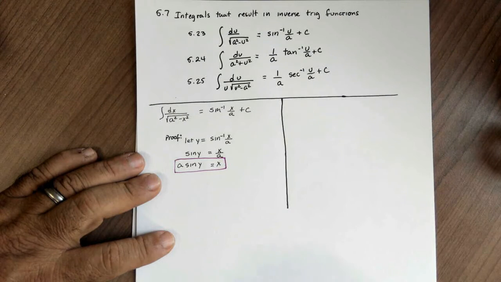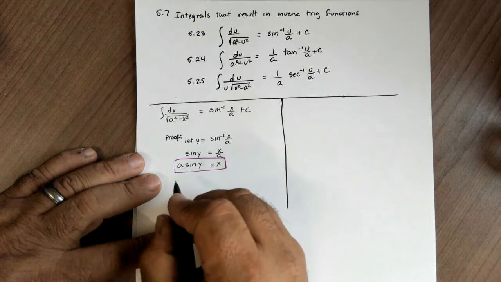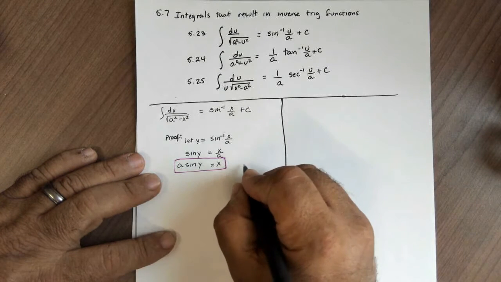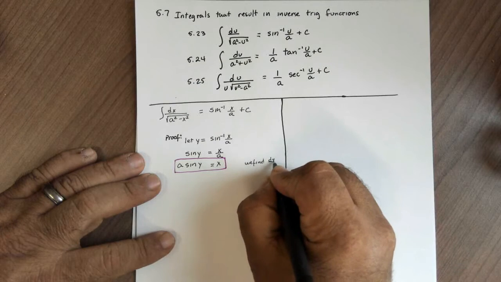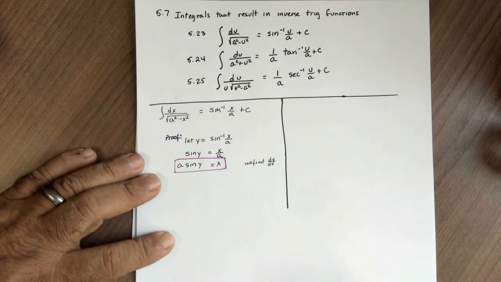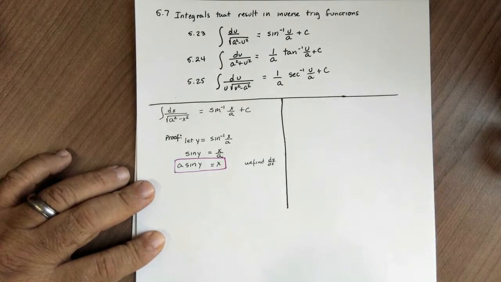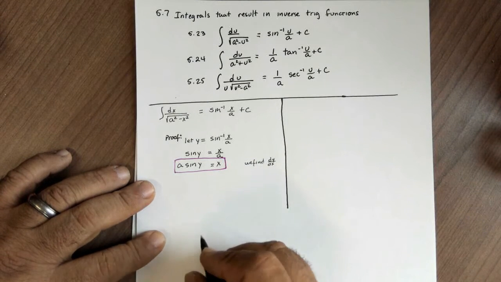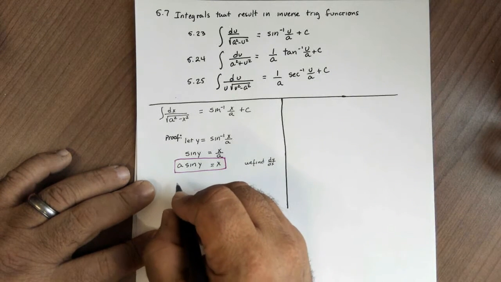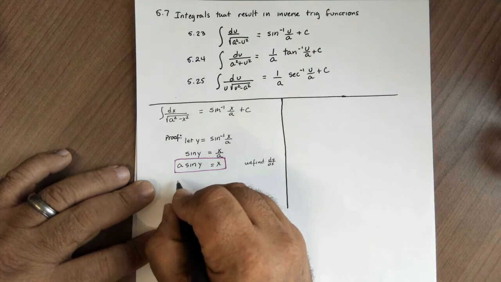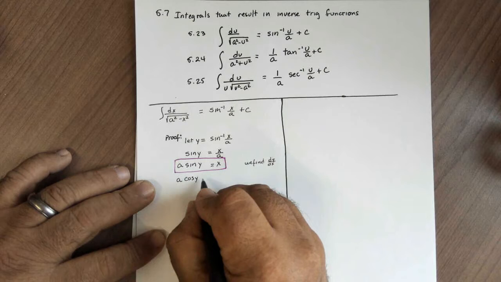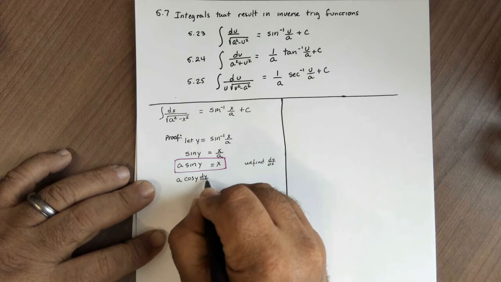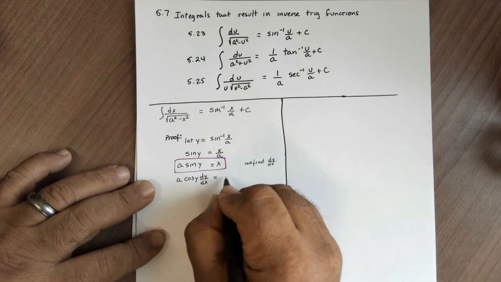Okay. Next, I'm going to take the derivative with respect to x. So we find dy dx, so to speak. Okay. So we're going to do implicit differentiation, and what we have is that now a cosine y, because we're differentiating with respect to x, we get dy dx here is equal to 1.